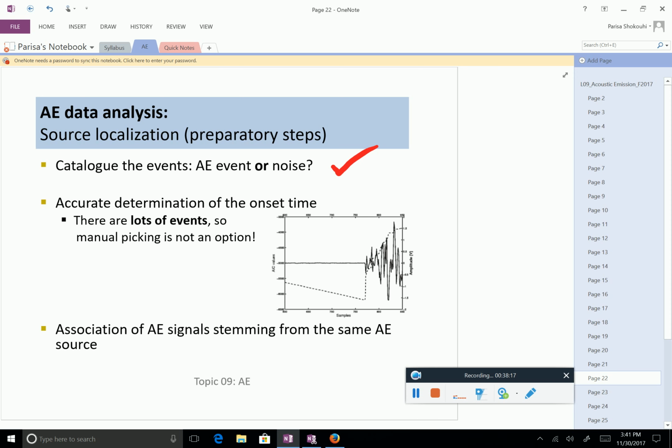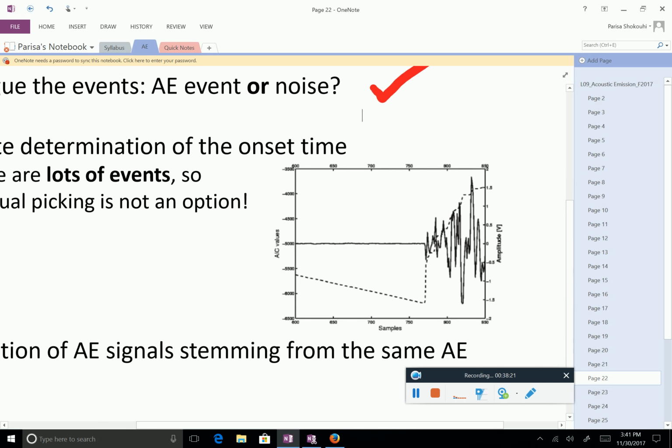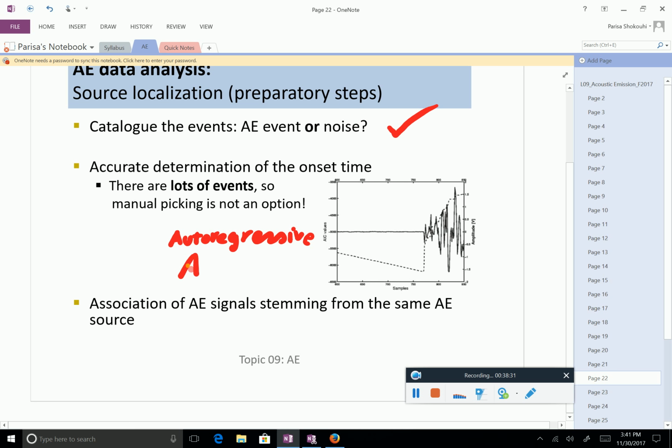One thing that works very well is this autoregressive AIC. This is the acoustic emission event, and this is the AIC.